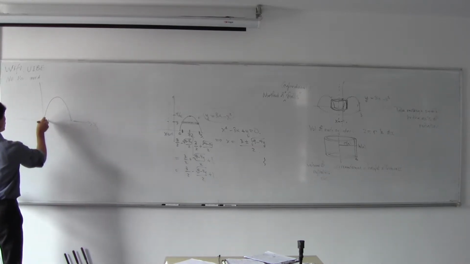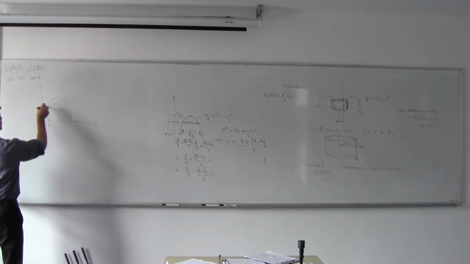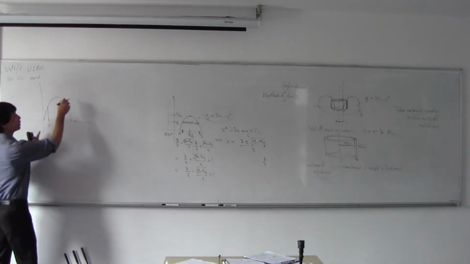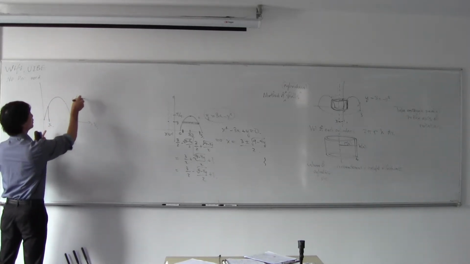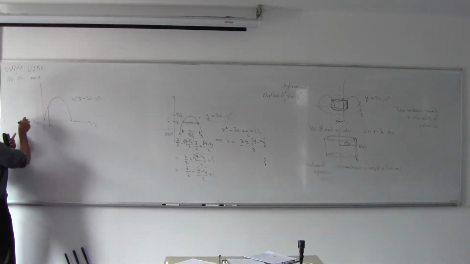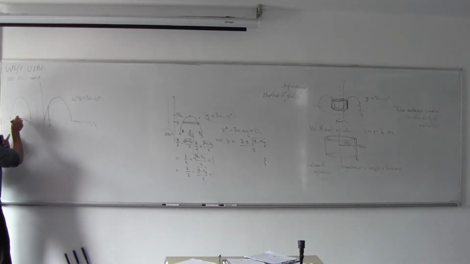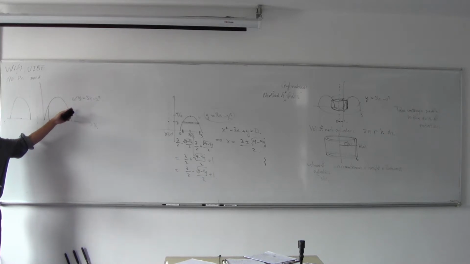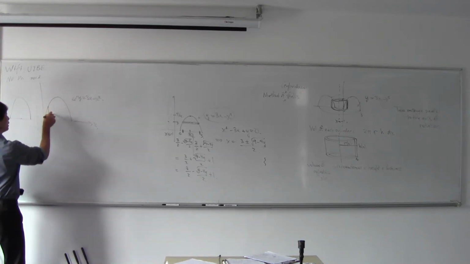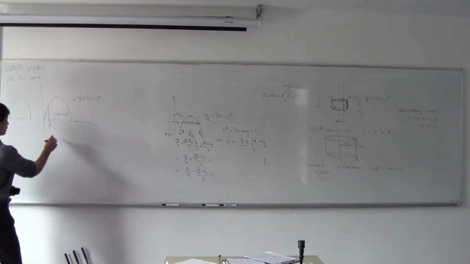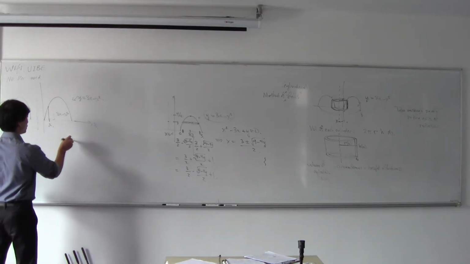If this is x, what's the height? I just wrote it, right? 3x minus x squared. So the height is 3x minus x squared.